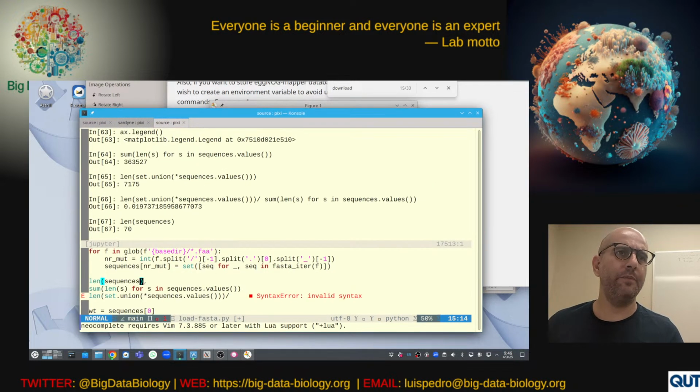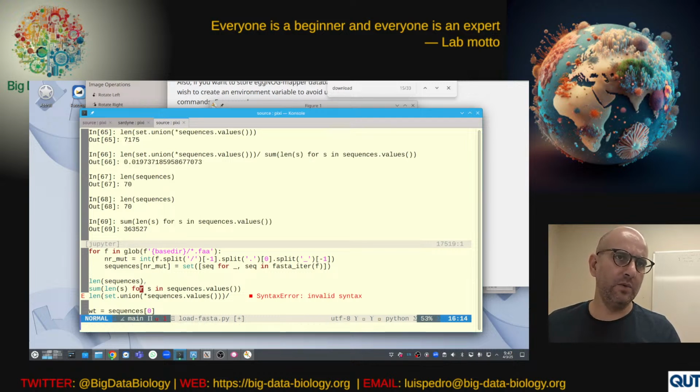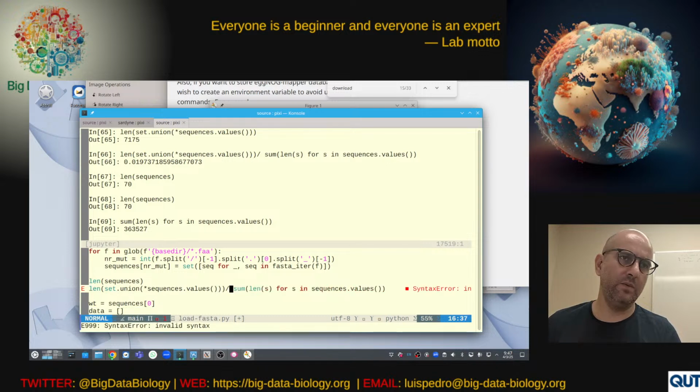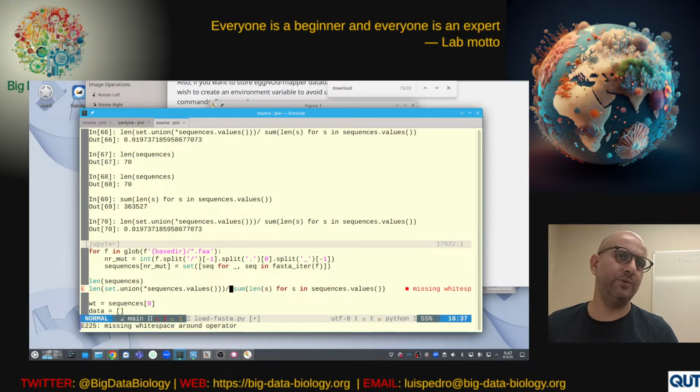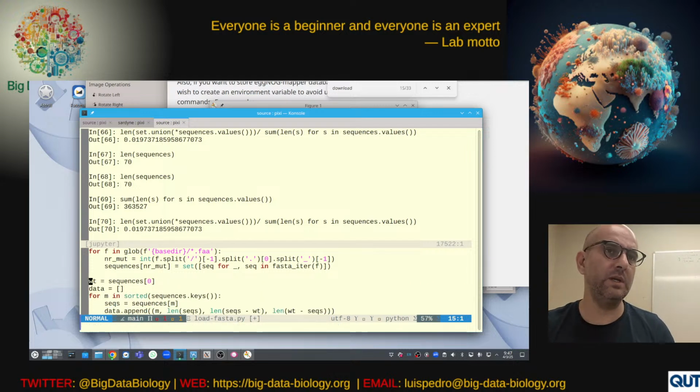Okay, but so we got 70 out of the way. In total, they have 363,000 genes, but given the repetition, only about 2% of those are unique. So if we're going to be doing classification, maybe we don't need to do the whole, unique.